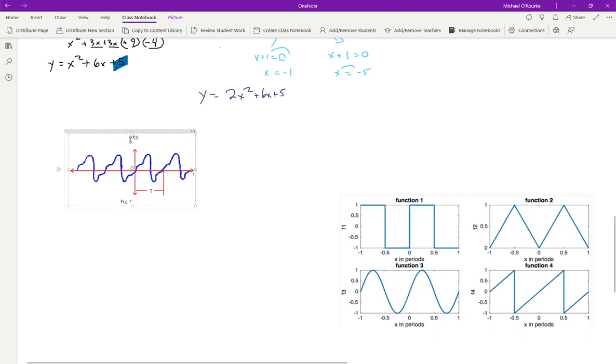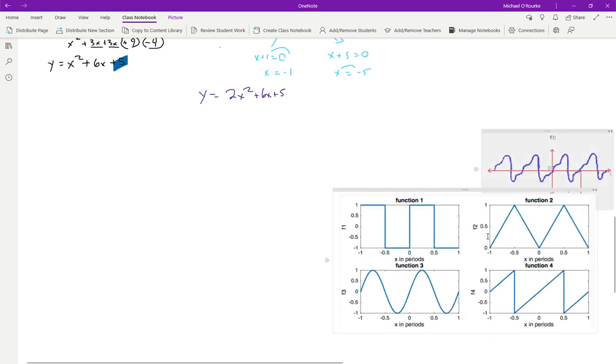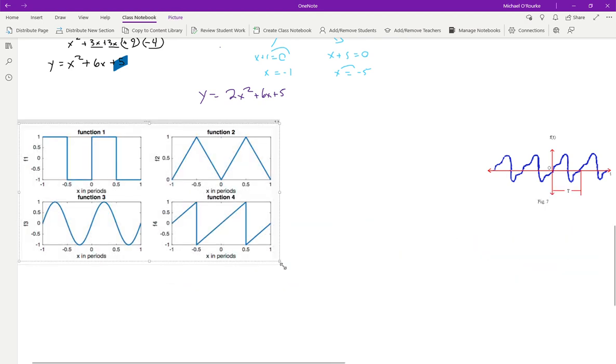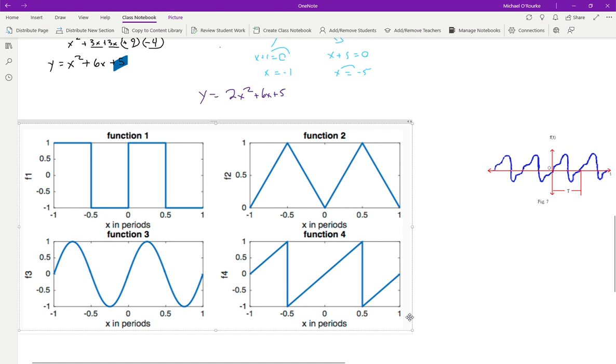So I'll take this one out here right now. Let's not look at that one. Let's look at these guys. Okay? So if you look at this here, all of these repeat in a pattern. Okay? They repeat in a pattern. This is straight down and so on and so forth. Up, down, up, down.